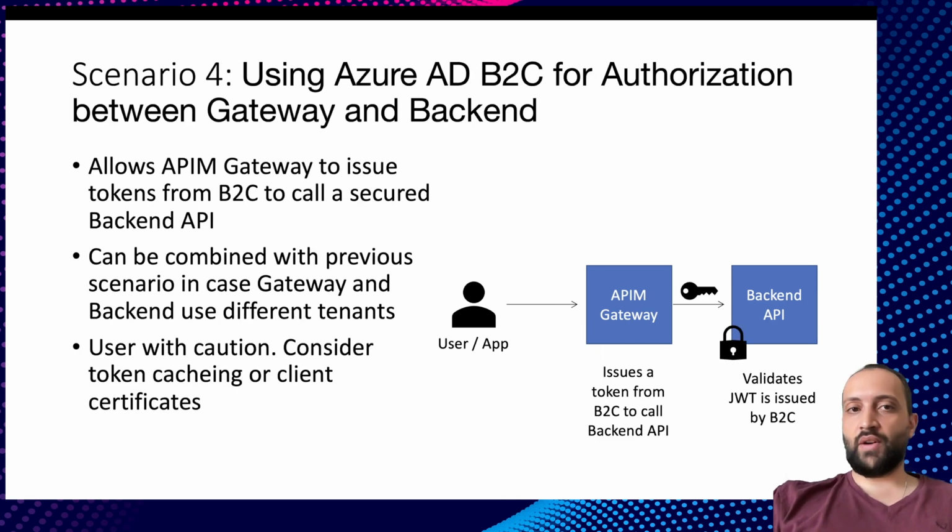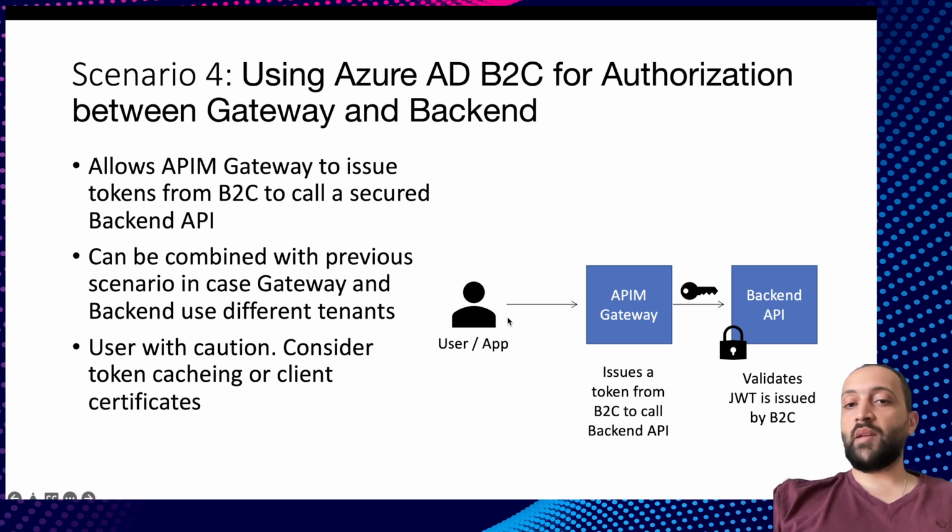The fourth scenario handles the authorization between the gateway and the backend. Suppose, for example, you have a backend API and that backend API is already secured using B2C. Now, the user might not be able to issue that kind of token for any reason.